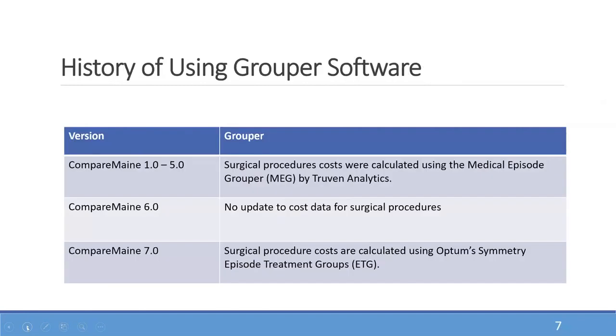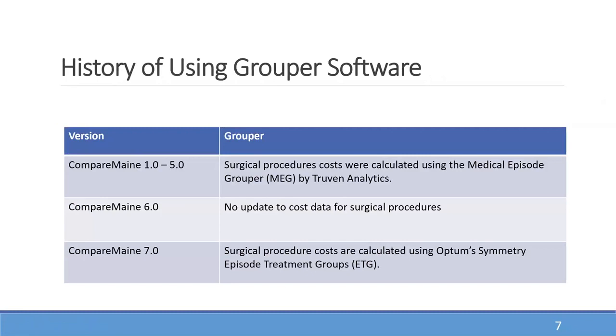So just quickly as a reminder, when we first launched CompareMaine and through version 5.0, we were using the medical episode grouper, which has been created by Truven Analytics, and that's the grouper that we were using to calculate the cost for the 10 surgical procedures.